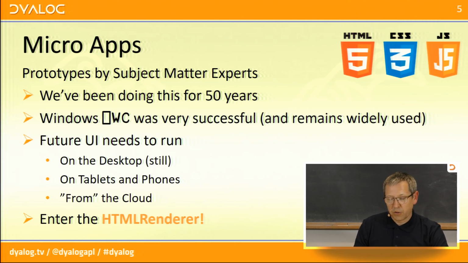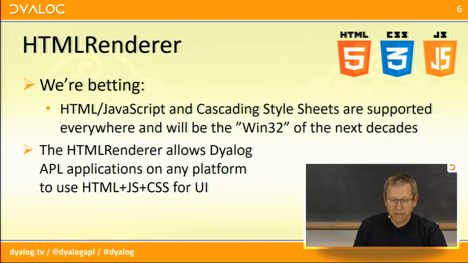So enter the HTML renderer and these three technologies that we see at the top right here. So we're betting that HTML, JavaScript, and something called cascading style sheets, which allows you to control the formatting of HTML, are already supported pretty much everywhere, and we're thinking of them now as the Win32, if you like, of the next couple of decades.